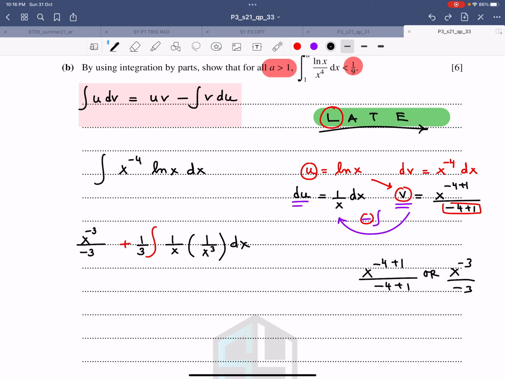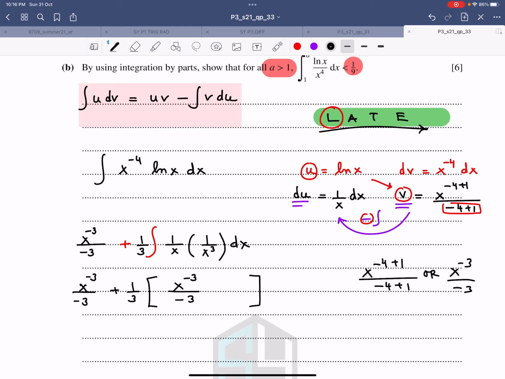X raised to power of minus 3 divided by minus 3 plus 1/3. The expression after this integration is x raised to power of minus 3 divided by minus 3. And is there anything else left?